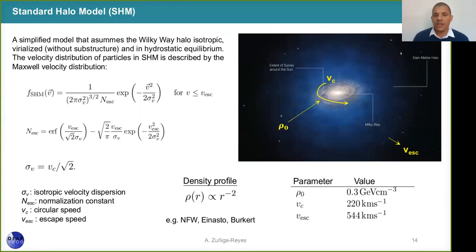It is also characterized by a density profile that decreases with the square of the radius. We have the very popular density profiles in the literature, like the Navarro-Frenk-White and Einasto-Burkert. This model is also characterized by very popular parameters like the local dark matter density, the circular speed, and the escape speed.